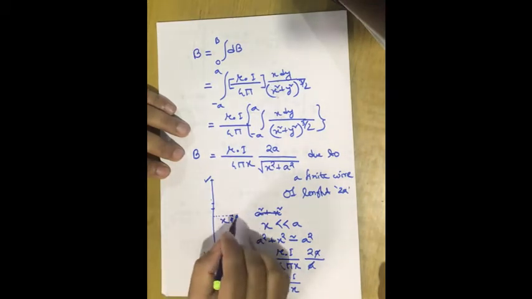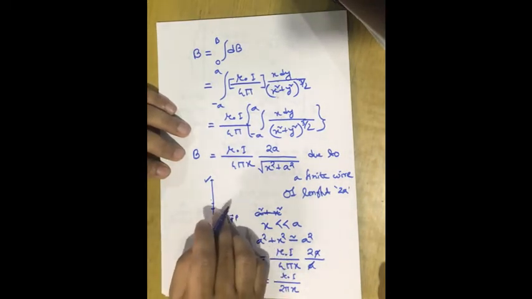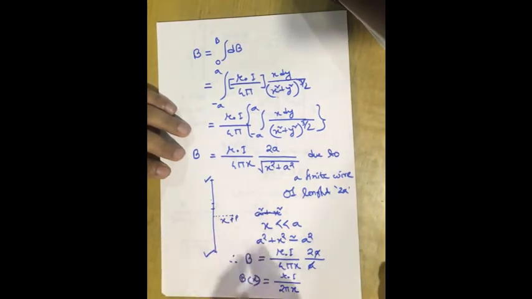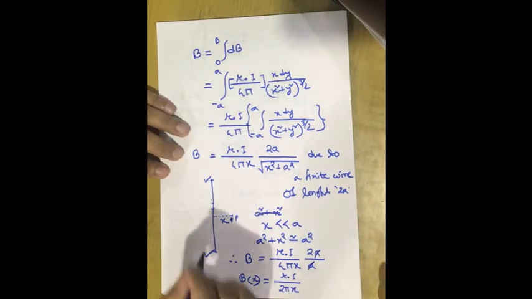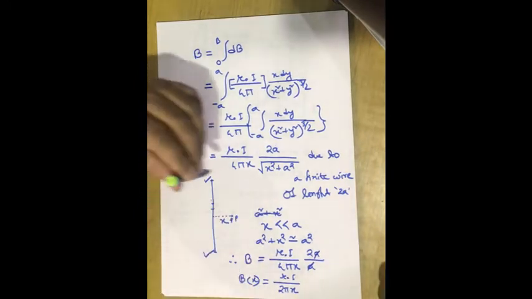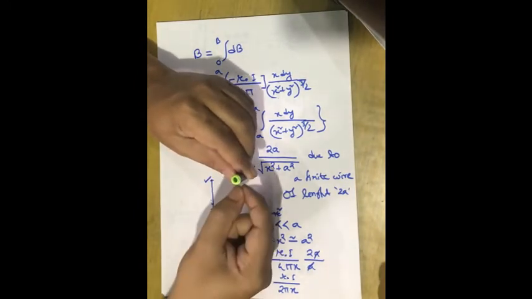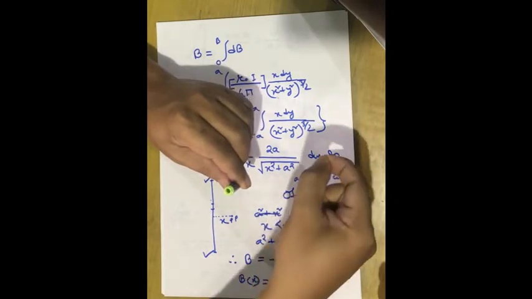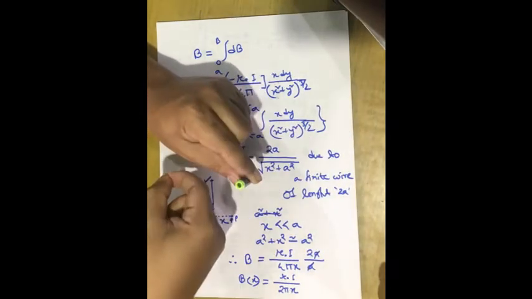So if the point P is very close to the wire, then the value of the magnetic field Bx is equal to mu naught into I over twice pi into x. One of the things that you have to remember from this expression is that the value of Bx is the same if the distance x is the same around the wire. For example, suppose this is a wire, then from the center this distance is x, this distance is x, that distance is x.